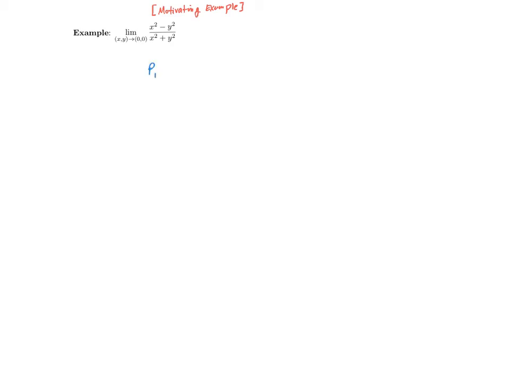So in our first path, and you don't have to write P1, but just to illustrate this as nicely as we can, say that we are approaching (0, 0) along the x-axis, so that would be y is equal to 0. What we want to do is look at the above limit, and each and every y should become a 0. So this would be x squared minus 0 squared over x squared plus 0 squared.